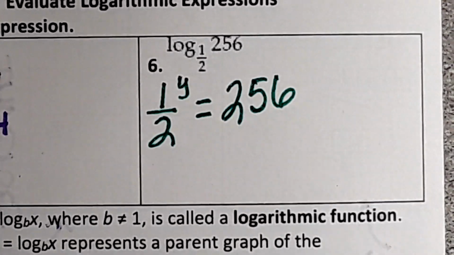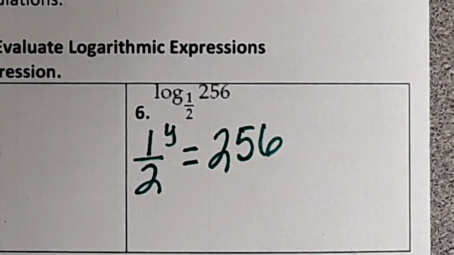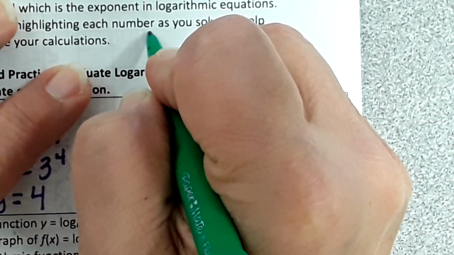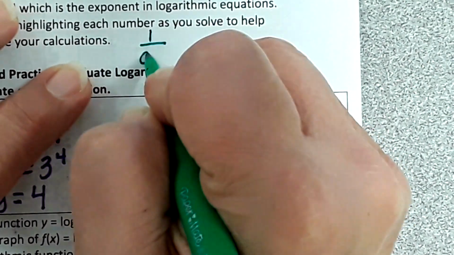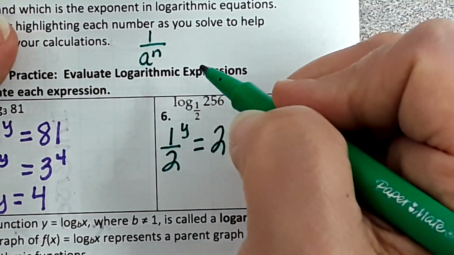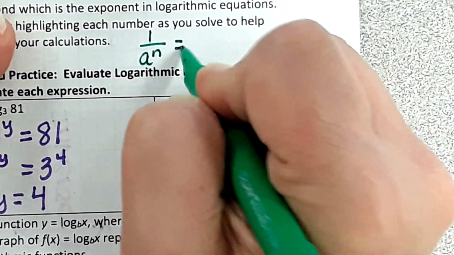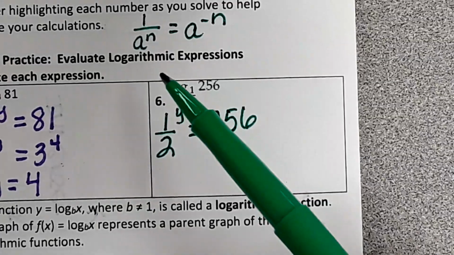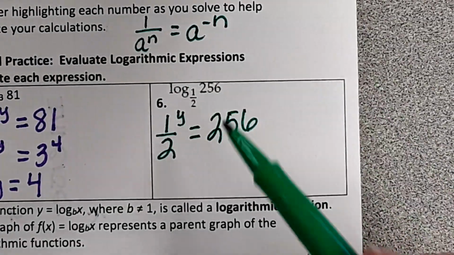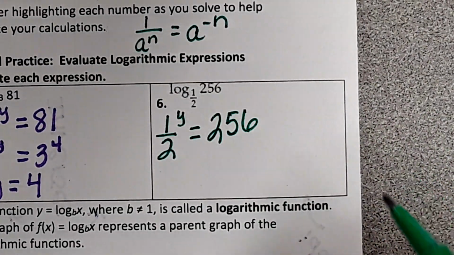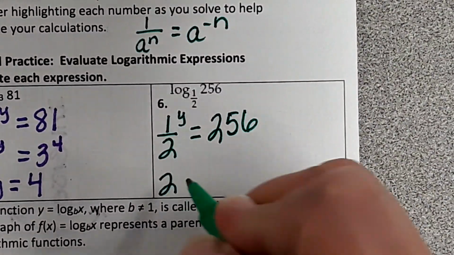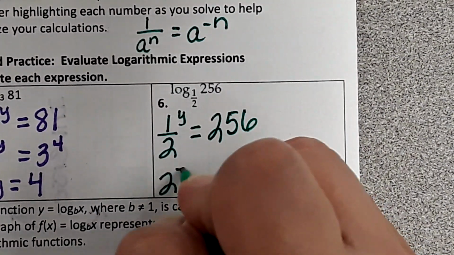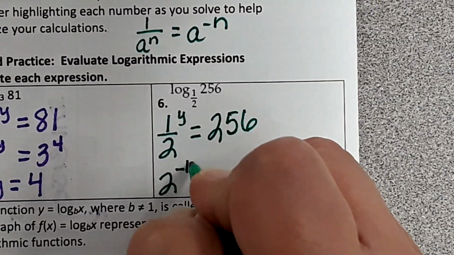We talked about this on Friday, so I just want to rewrite it for you: if you have 1 over a to the nth, that equals a to the negative nth. So what is my a? In this problem, what is my a? 2. What is my n? And we're going to make that -1y.